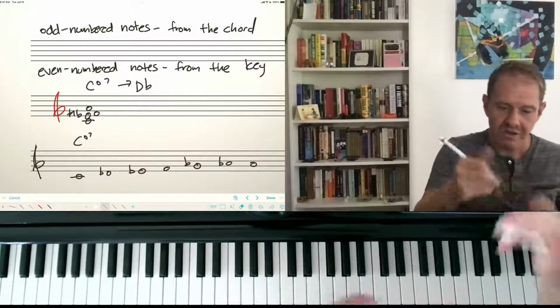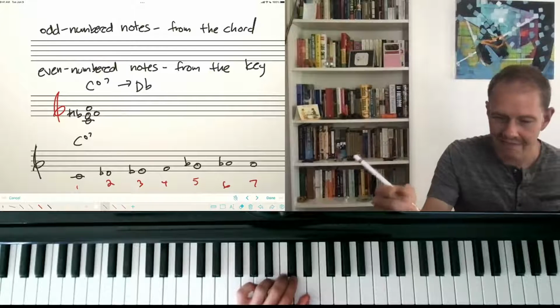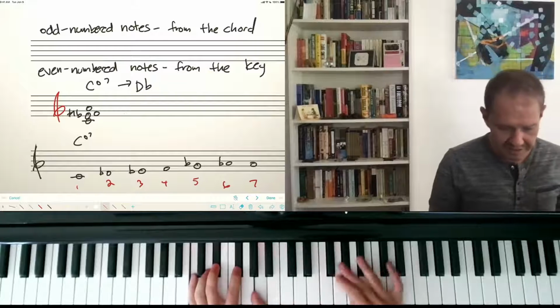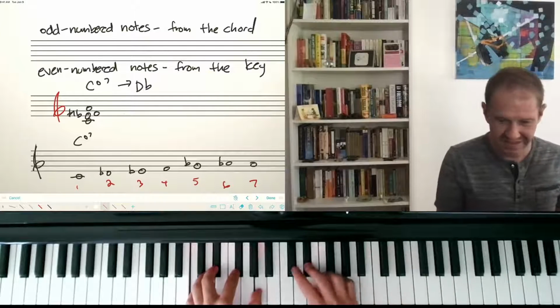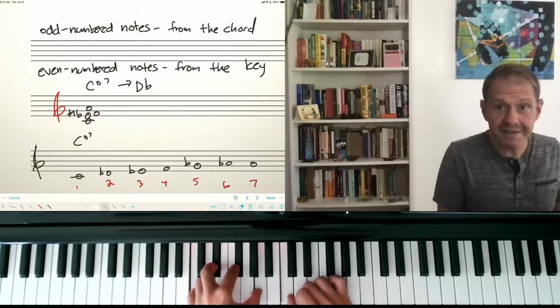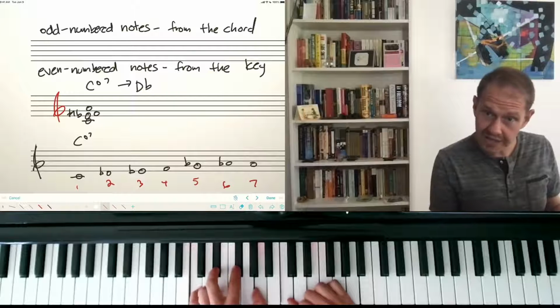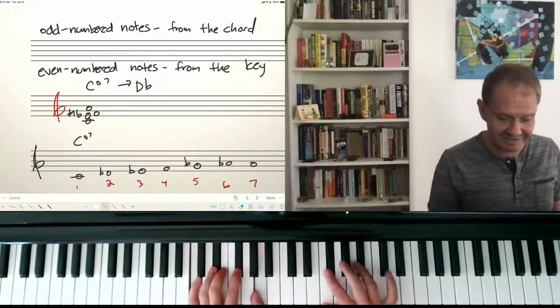All right, because this is 1, 2, 3, 4, 5, 6, 7. So very interesting scale. So it's different than the whole half scale, but it's definitely sounding good against that chord, and it's going to sound really nice in that key.